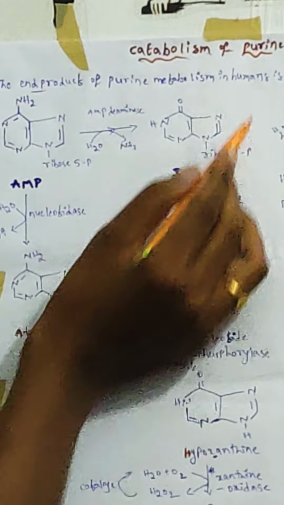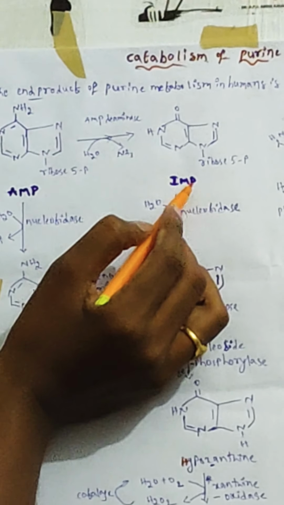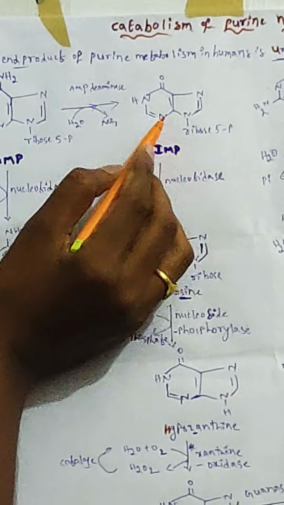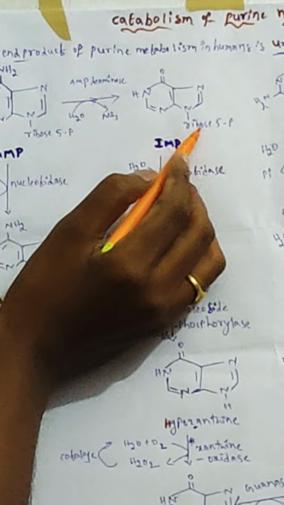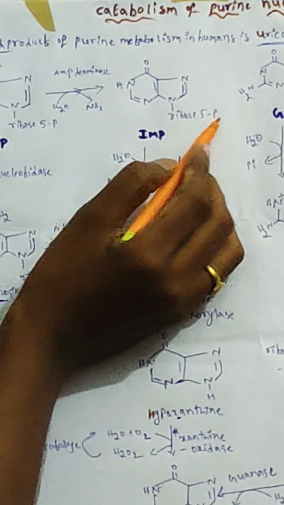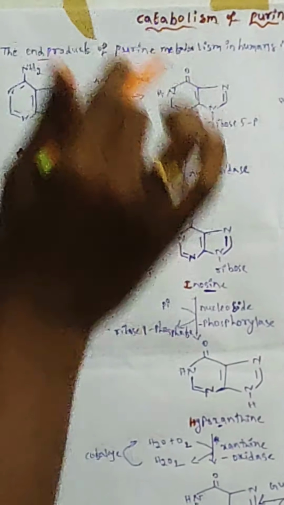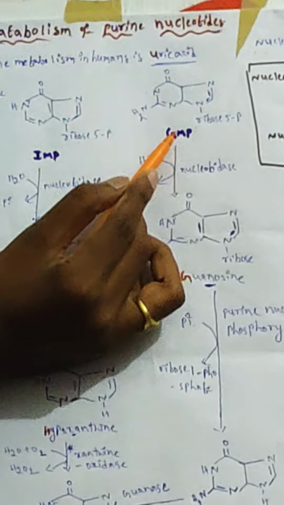What is the nucleoside of inosine monophosphate? I told you a nucleoside is a nitrogenous base and sugar. Here inosine is the nitrogenous base with ribose sugar, except the phosphate. For GMP, guanine plus ribose, the phosphate is liberated.